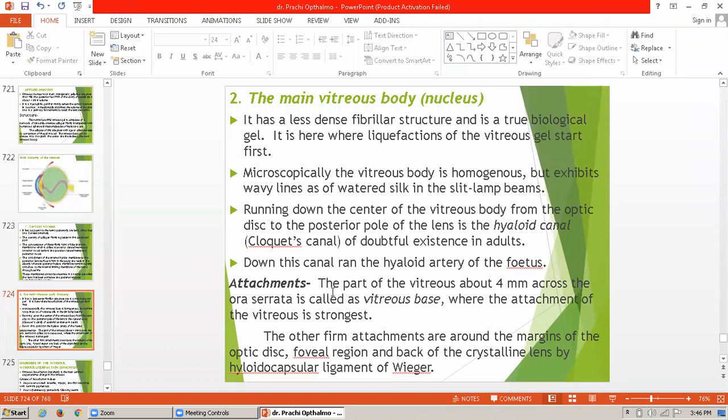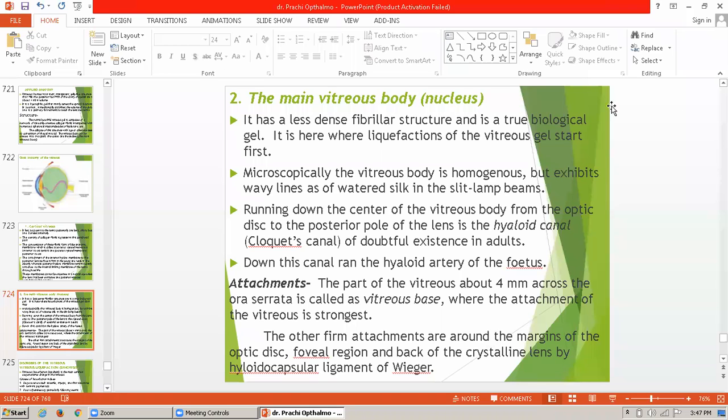Then the main vitreous body, that is the nucleus, has a less dense fibrillar structure and is a true biological gel. So remember, the nucleus is a true biological gel with a less dense fibrillar structure. It is here that the liquefaction of the vitreous gel starts first.